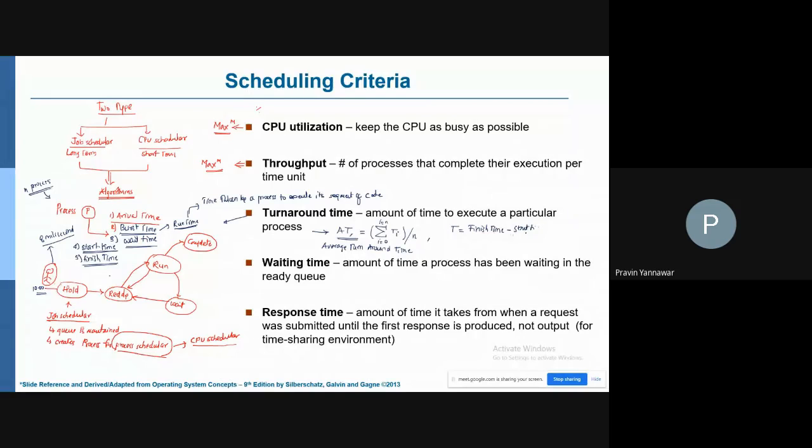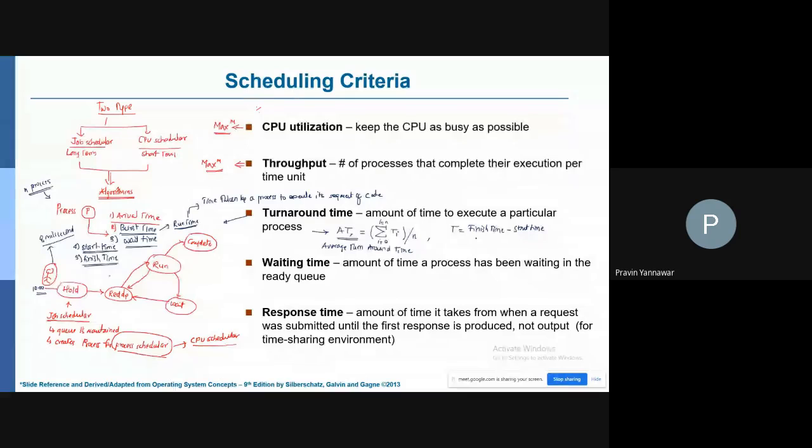Let's say it finished at 10.10 and started at 10.01. Then you can easily compute the turnaround time, right? That is the amount of time taken by a process to complete its segment of code.